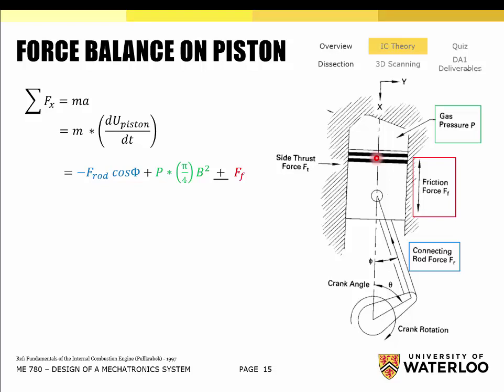So mass times acceleration, which is this, is equal to the sum of the forces. What are the forces acting on this piston? I want people to raise their hand and give me an idea. Yes? Pressure force and reaction force from the connecting rod. Okay, good. He said all three: the pressure force, the reaction force from the connecting rod, and the frictional force. Yes. So these three boxes here highlight that.